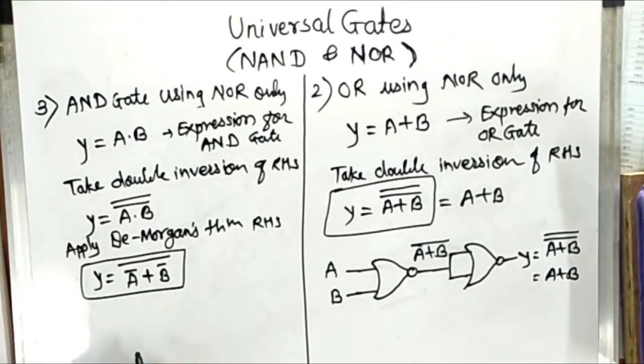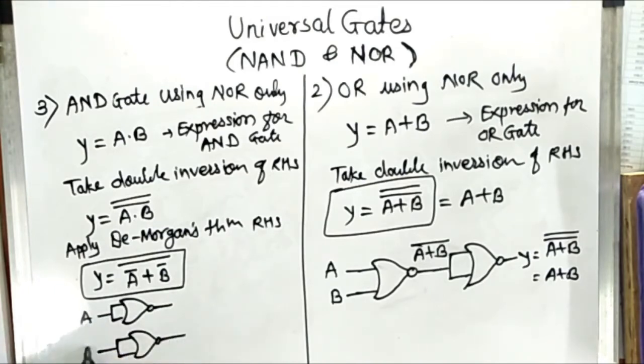So we can build the logic diagram, or construct this gate, using this expression. As we need the complements of the inputs A and B, we require two NOT gates using NOR. So here we are using two NOT gates made from NOR to get the complement of inputs A and B. Here we get A complement, here we get B complement, and then this is nothing but the NOR operation.